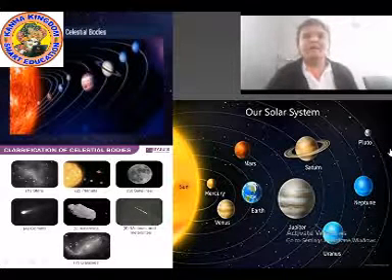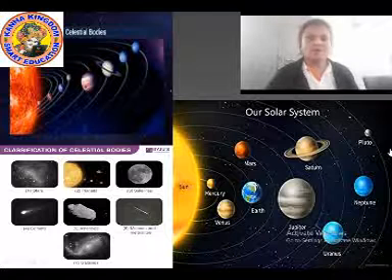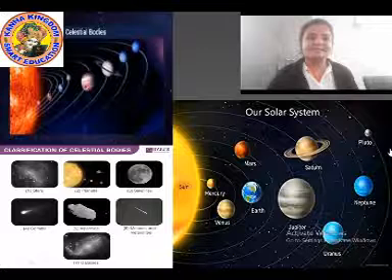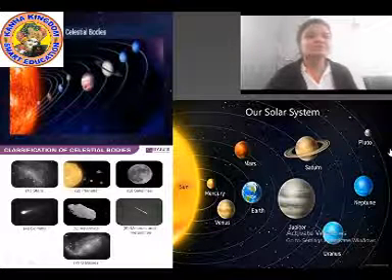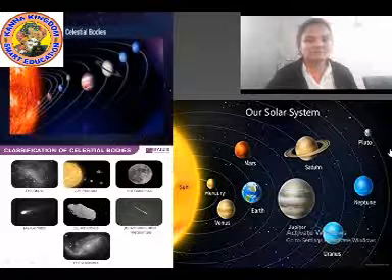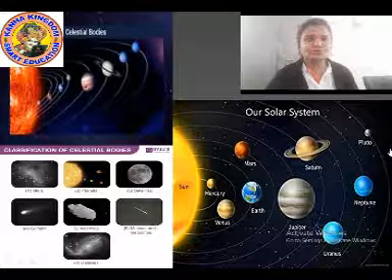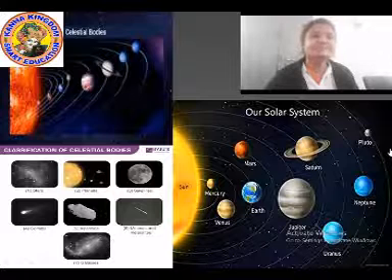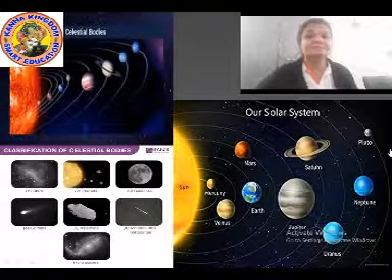Now here I am showing you some pictures of the celestial body, classification of celestial body and the picture of our solar system. In the picture of our solar system, I will try to show you the position of the planets. It means the distance of the planets from the Sun.